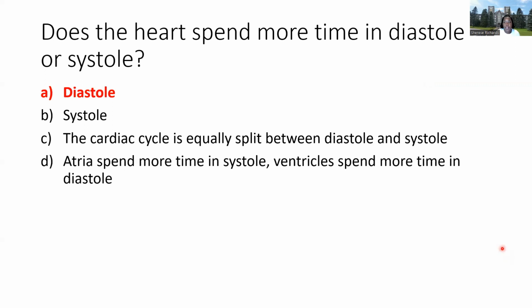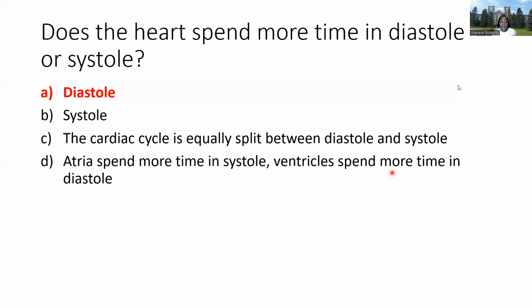Okay. One of the options here is atria spend more time in systole, ventricles spend more time in diastole. This is something really important to point out. When we talk about the cardiac cycle events, we're talking about them from the perspective of the ventricles.